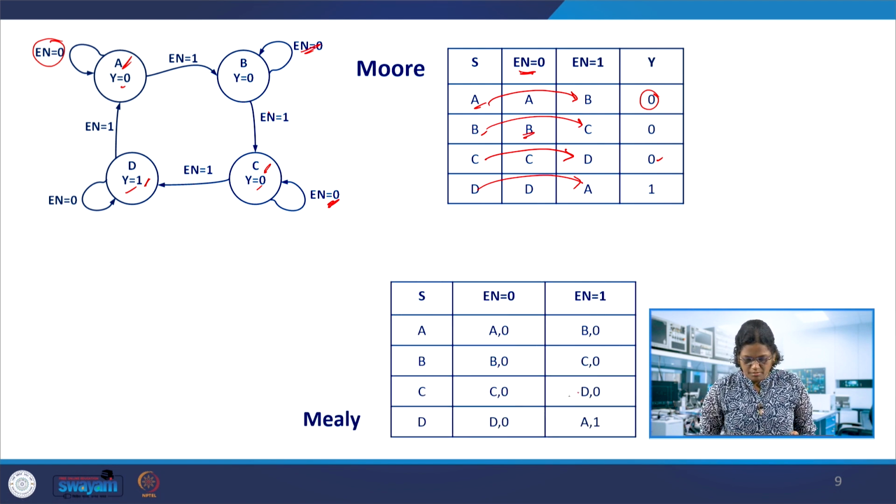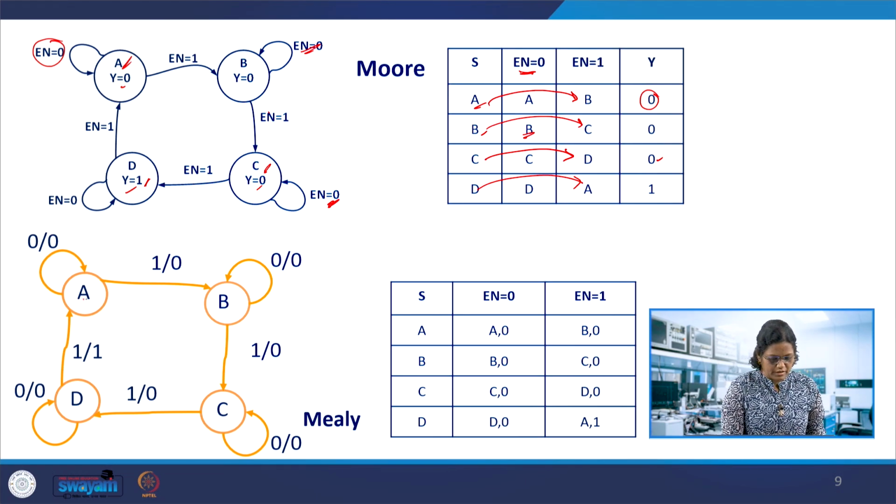And if we take the Mealy machine, the table is shown along with the next state and its output, because enable is also a part of the output. Given this A, B, C, D, the output is not represented with the current states, and the representation is different.